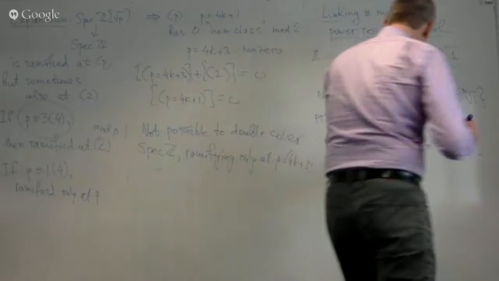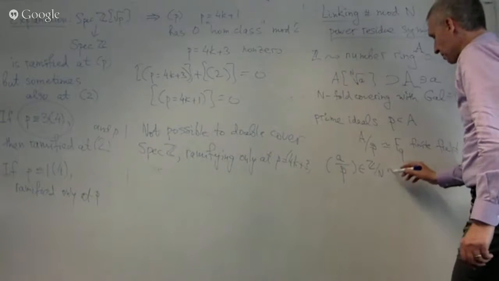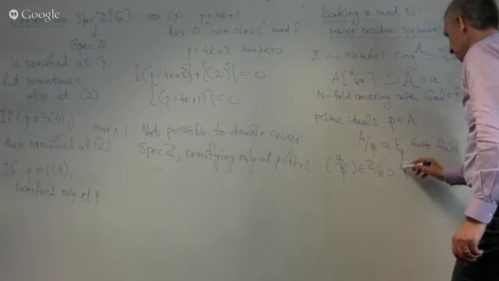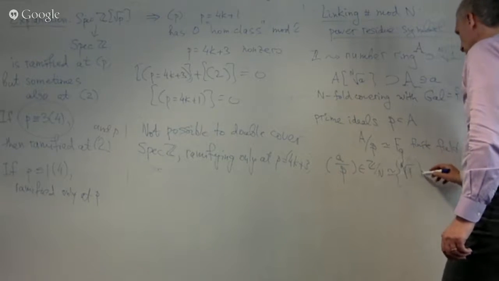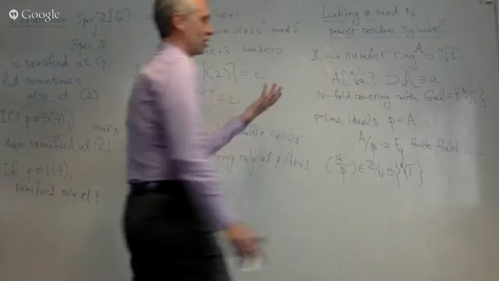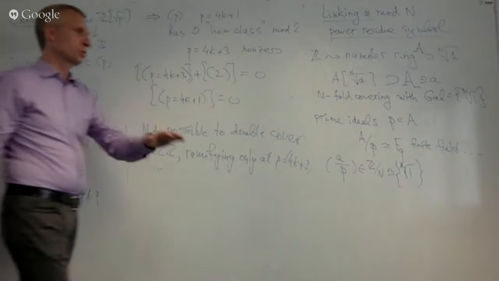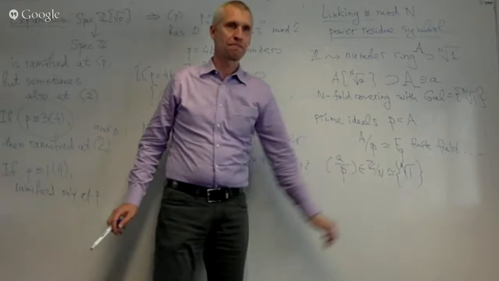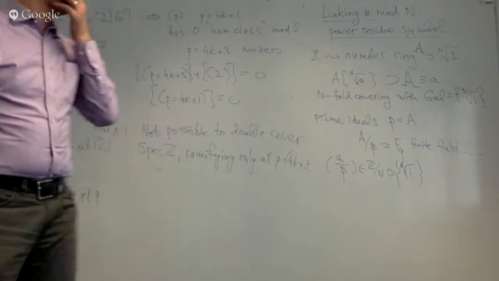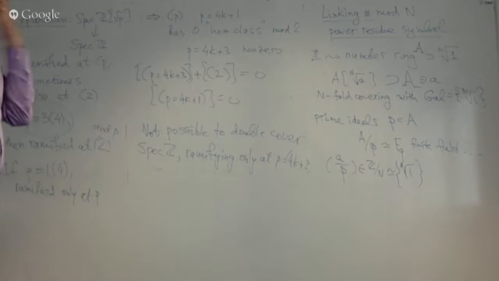Or more strictly speaking, it's more canonical to map to the group of nth roots of unity. We do like a deck transformation. It's better to speak about deck transformation. So how is it defined?